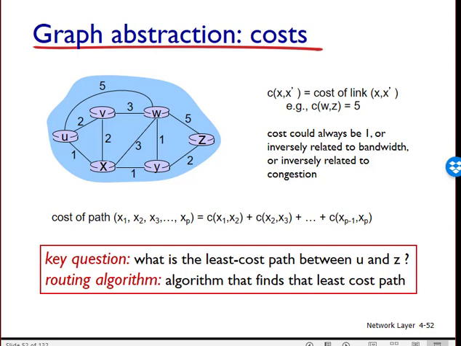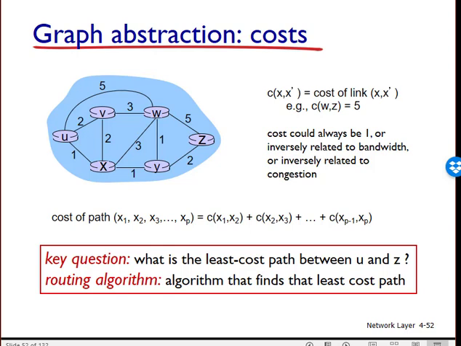As a simple exercise, try finding the least cost path from U to Z in this figure, and reflect for a moment on how you calculated that path. You found the path from U to Z by examining the figure, tracing a few routes from U to Z, and somehow convincing yourself that the path you had chosen had the least cost among all possible paths.